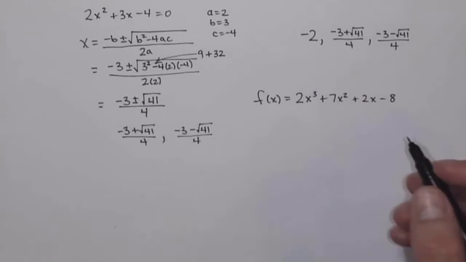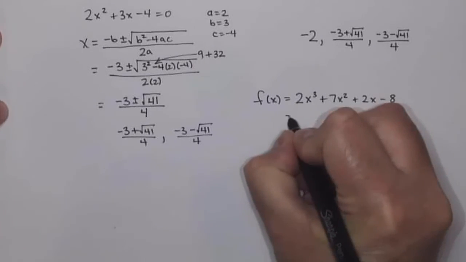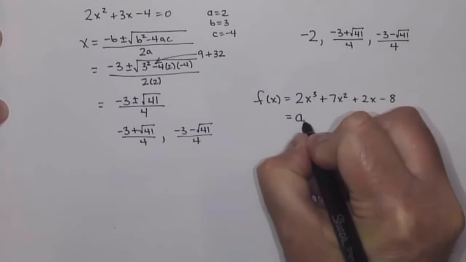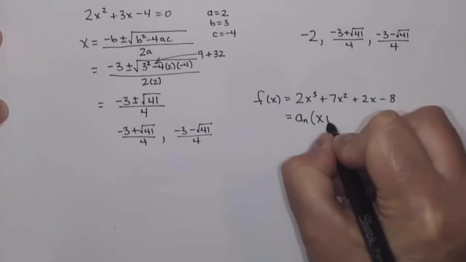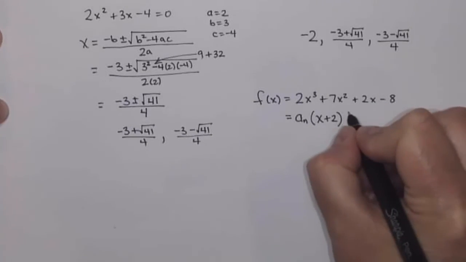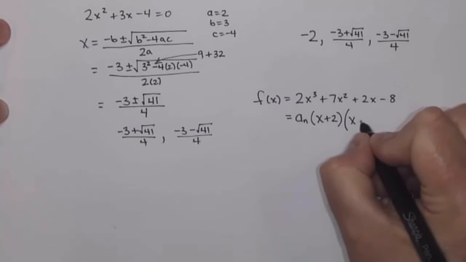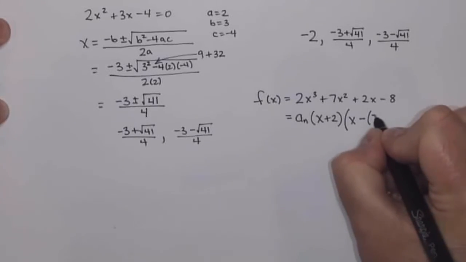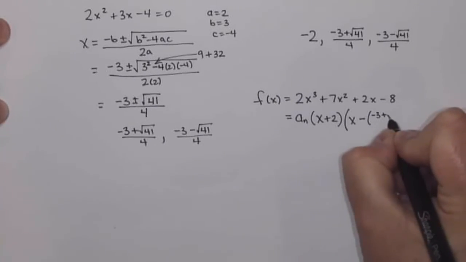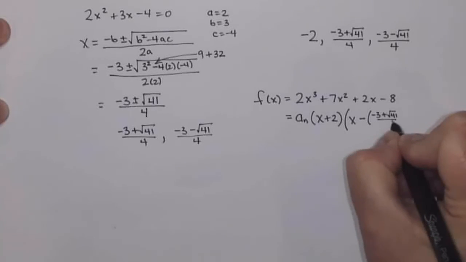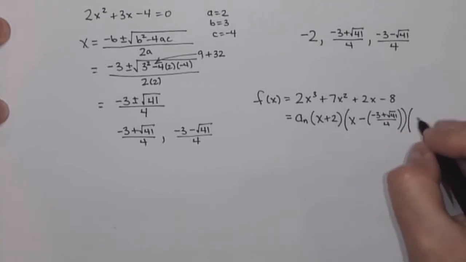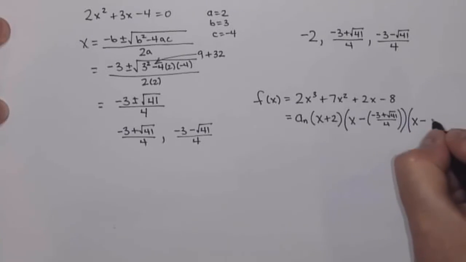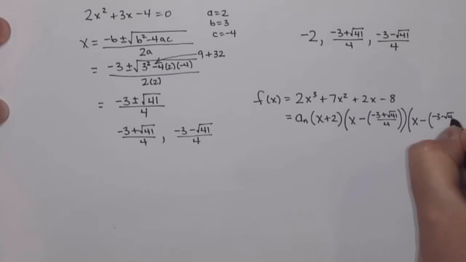So what we have found is that this is going to factor into some constant, a sub n, times x plus 2, times x minus our factor negative 3 plus the square root of 41 over 4, times our factor x minus negative 3 minus the square root of 41 over 4.